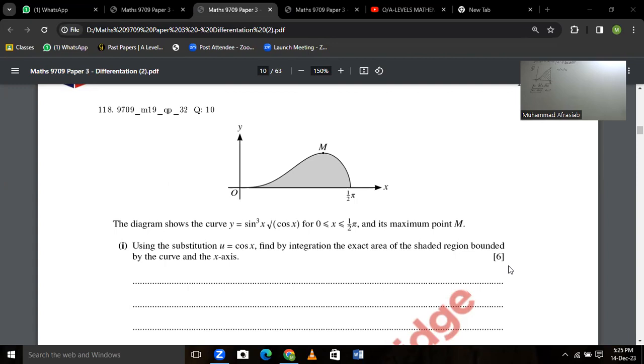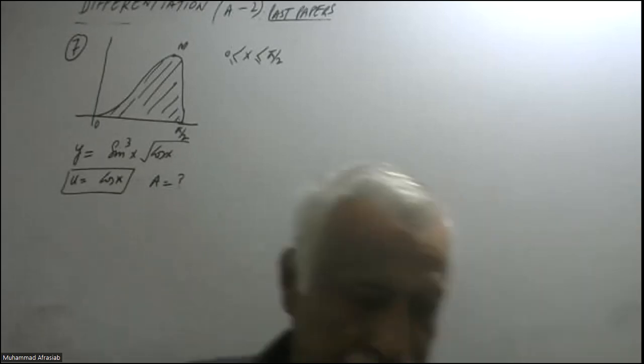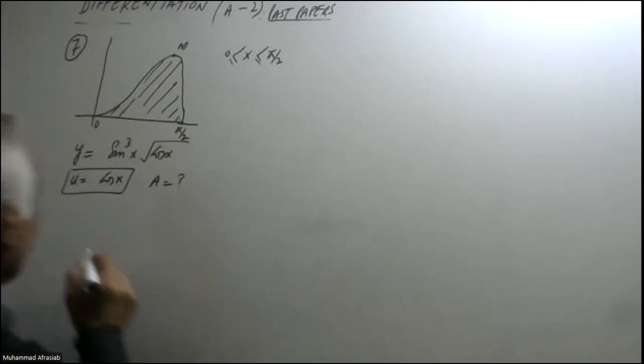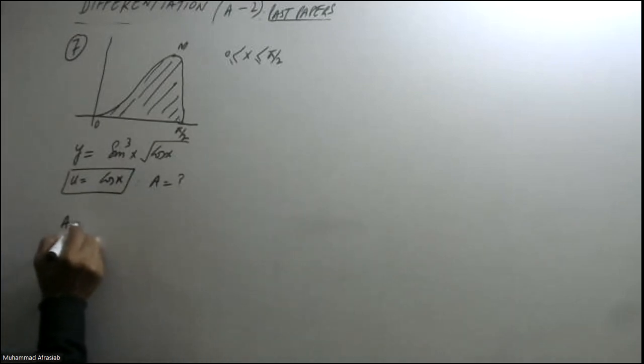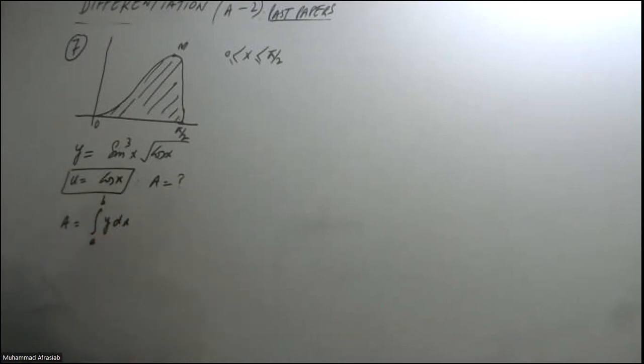So the curve lies between 0 to pi by 2, both inclusive, where u is equal to cos of x. We know that the area is equal to the integral from a to b of y d of x, which is the area for this curve here.